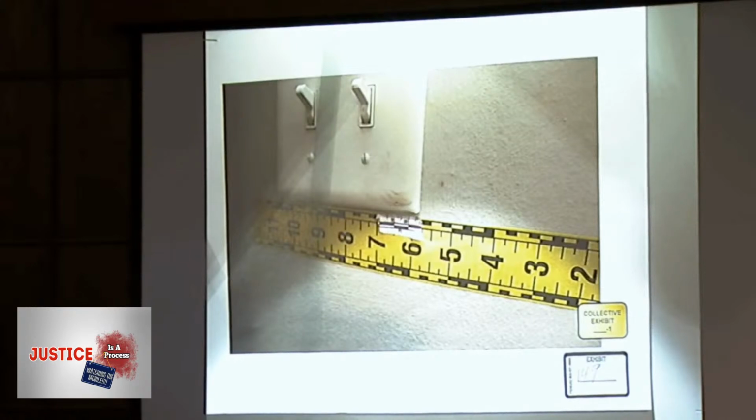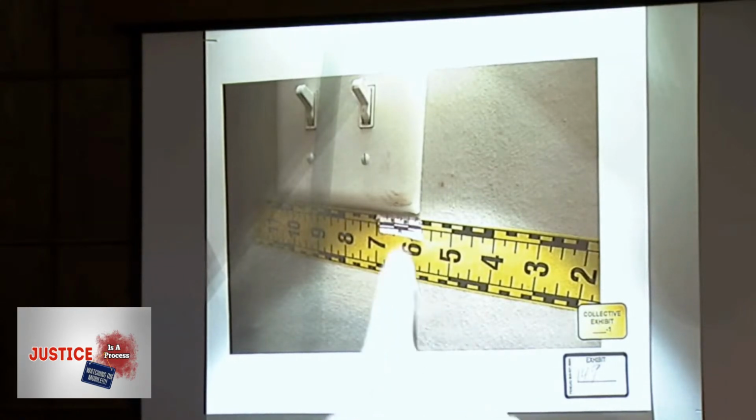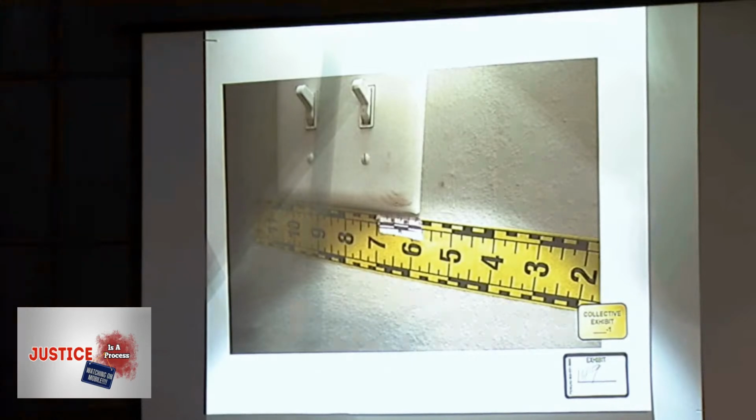It's a collective exhibit. What are we looking at here? Okay, that's the light switch in the bathroom. Was that tested? I do not know.